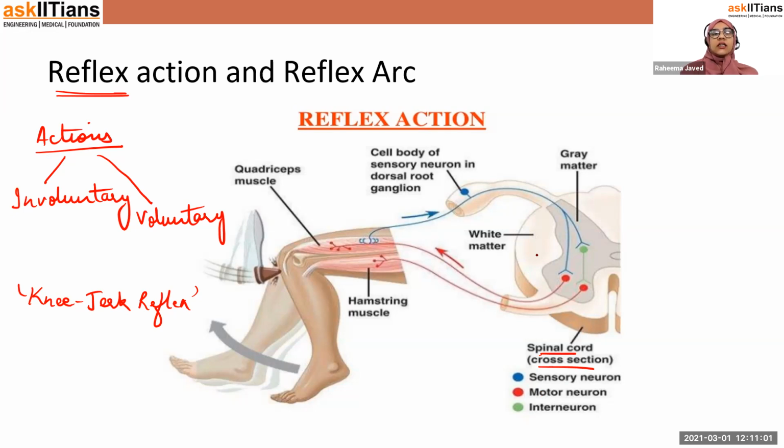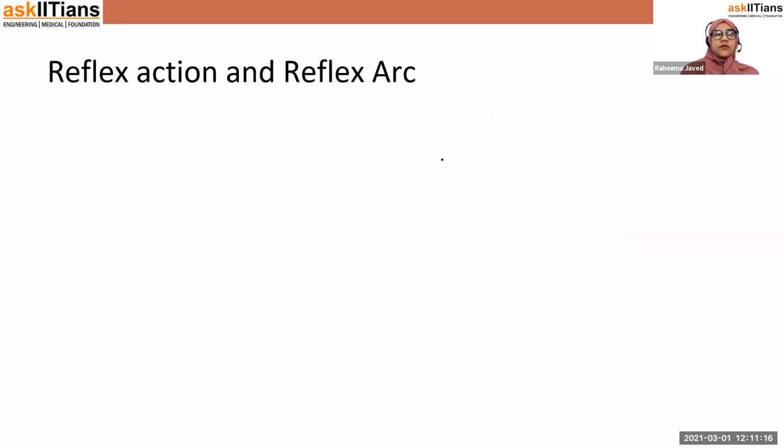When it starts, when it will end, we do not know. You can give a lot of examples of reflex action. One thing you have to remember is that reflex actions are under the control of the spinal cord. There can be two types of reflex action.